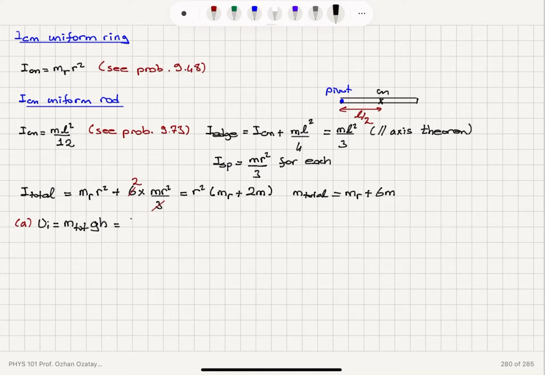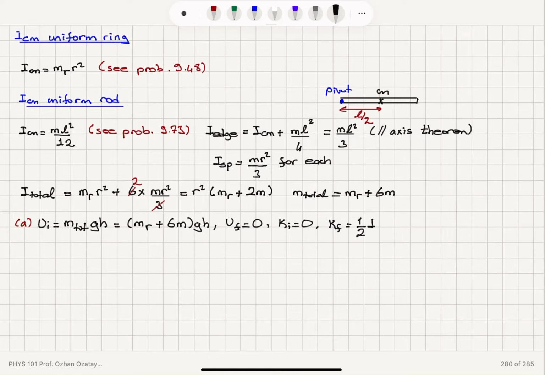This is mass of the rim plus 6 times mass of each spoke, g h. The final potential energy will be 0. The initial kinetic energy is 0 because we have a released system.